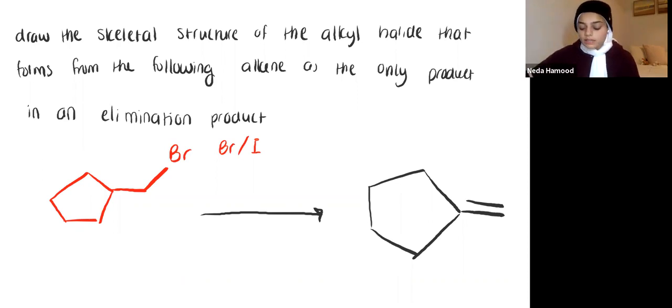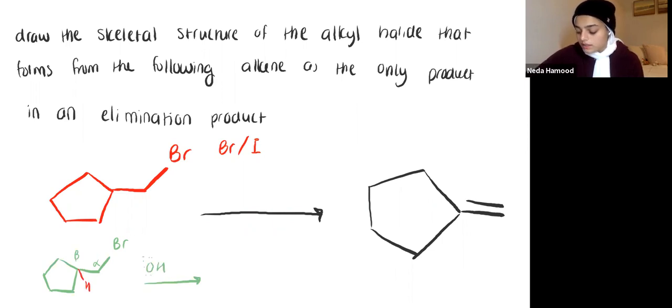If you guys want to know what the curved arrow mechanism would look like, you could do something like this. So let's say that we have Br over here. So that means this is our alpha carbon, and this is our beta carbon over here. And then from that, we would have our OH like this. And then our hydrogen would be here.